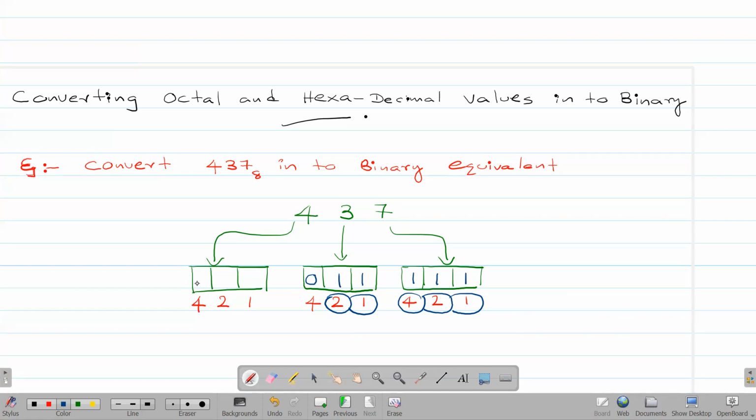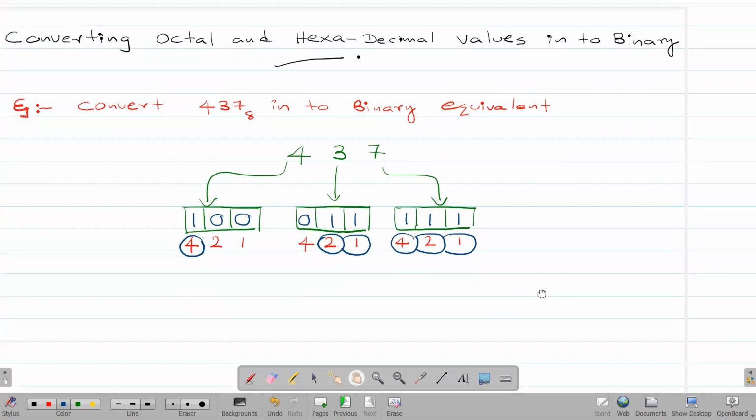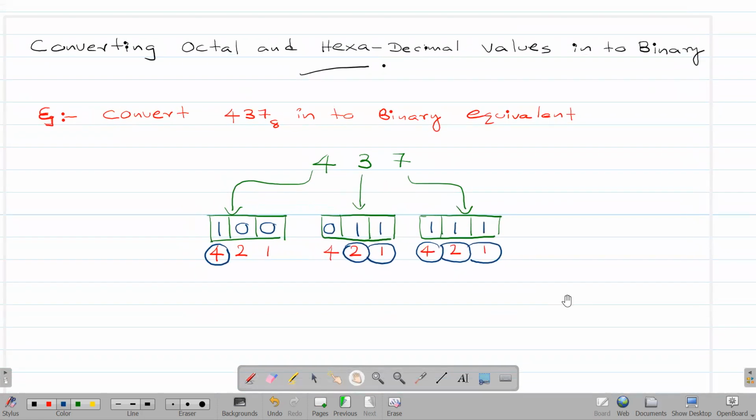And when you are going to find 4, you can easily find it using only the 4, no 2s and no 1s. So that means 1 over here, 0s in these places. Right? So now we can write the answer using 1, 0, 0, 0, 1, 1, and 1, 1, 1. So this is going to be the binary equivalent.